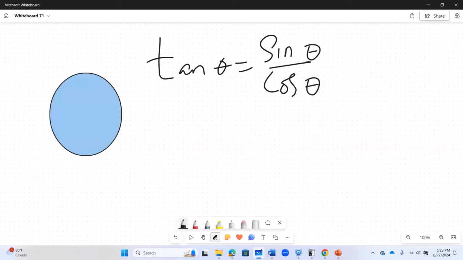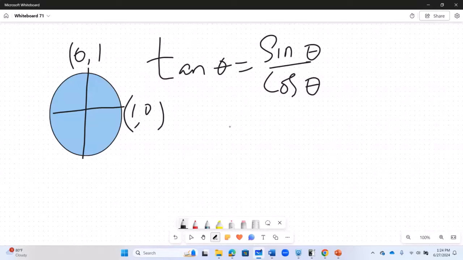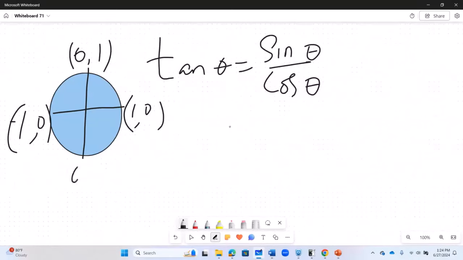We also know that this point is (1, 0) on the unit circle, this point is (0, 1), this point is (-1, 0), and this point is (0, -1). And we already know the angles here.